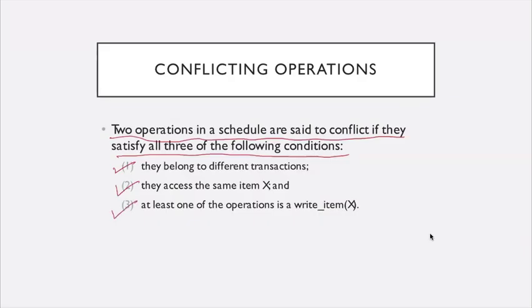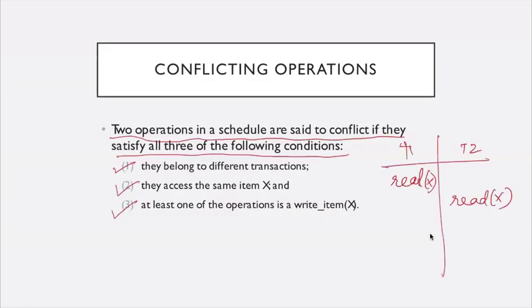So let's say I have transaction T1 and transaction T2. Here I have a read X, and here I have a read X. Are these two conflicting? Let's see, read and read. They belong to two different transactions. Yes. Do they access the same data item?